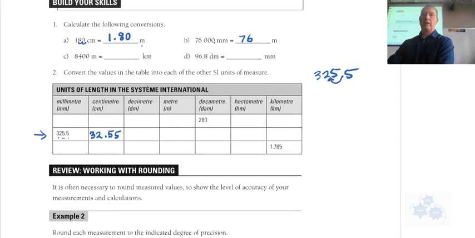So 1 more space to the left puts the decimal place right there. That's 3.255. The meter is 1 more space to the left. So now I'm going to start to put a 0 in the front there. 0.3255, you see? So that decimal place gets moved over once every time.